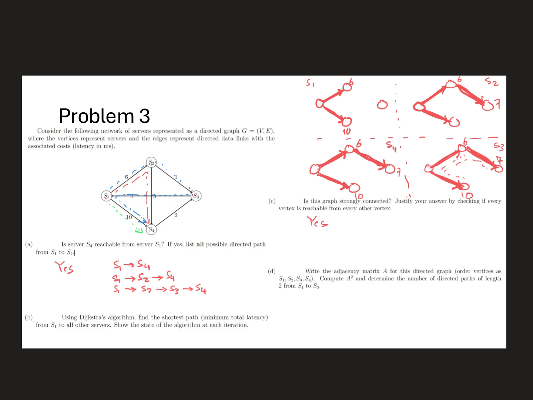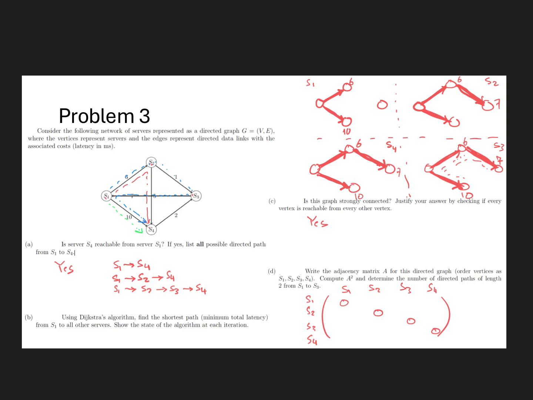Write the adjacency matrix for this directed graph. So we have S1, let's see. So 0. We don't have loops, right?